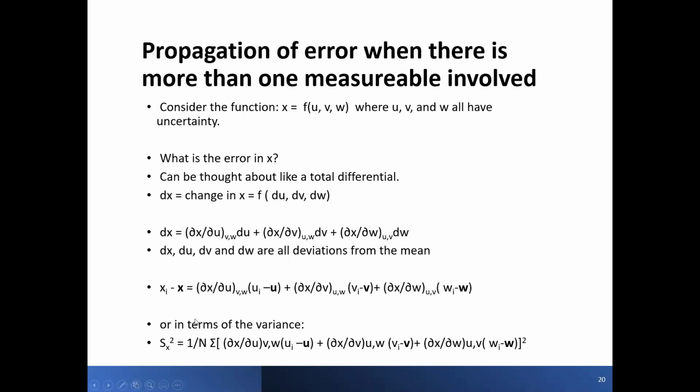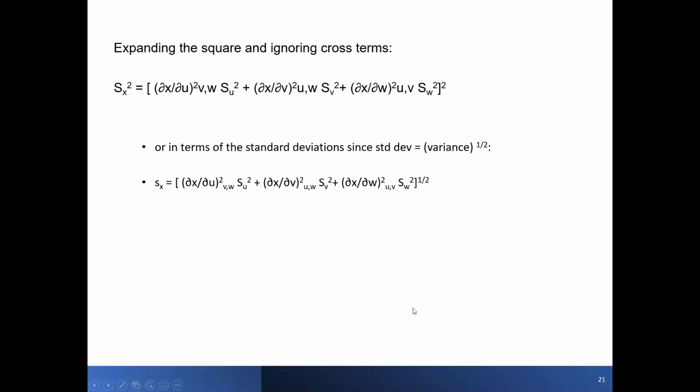If we look at the variance, then the variance squared equals 1 over n, and we take all three terms and take the square of that. If we do some mathematical operations, and we ignore all the cross terms, assuming the cross terms will be much smaller than the non-cross terms, then we get the variance squared equal to this one.